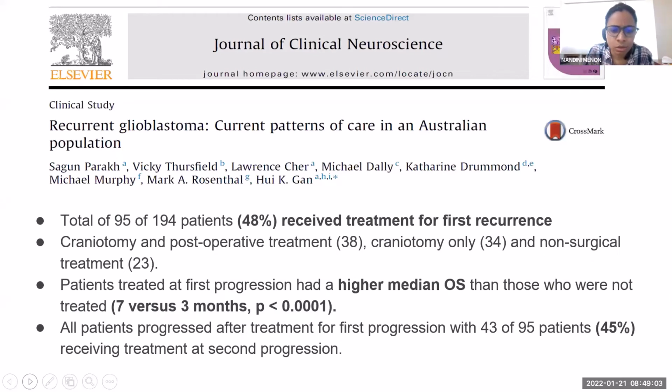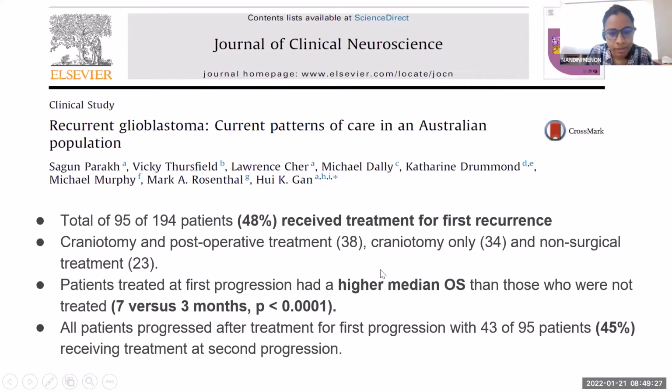So to look at what is the approach to recurrent gliomas and how have people all over the world approached this tumor. If you see, the 50% treatment rate is not just in the Indian setting, which was shown in our center, but if you look at trials from across the world, like this pattern of care study from Australia, which showed again in theirs only 48% received treatment after first recurrence.